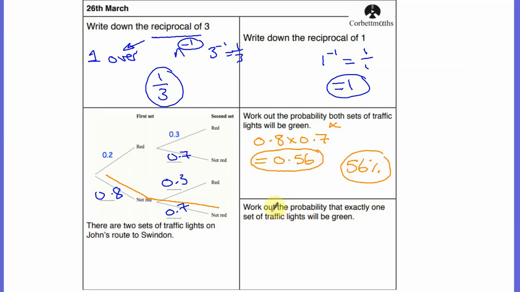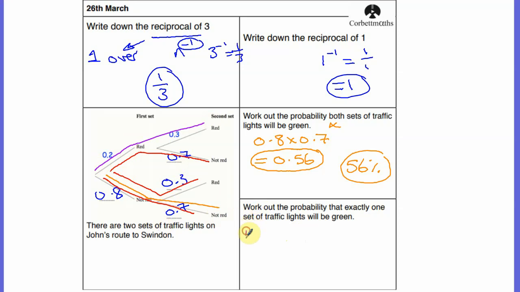Work out the probability that exactly one set of traffic lights will be green. Well, we could have 3 options here, both being green, green then red, or red then green. I don't want to be doing 3 calculations, so what I'm actually going to do in purple here, I'm going to figure out the probability of it being red twice and then subtract that from 1, because if it's not red twice, then it must be green once.